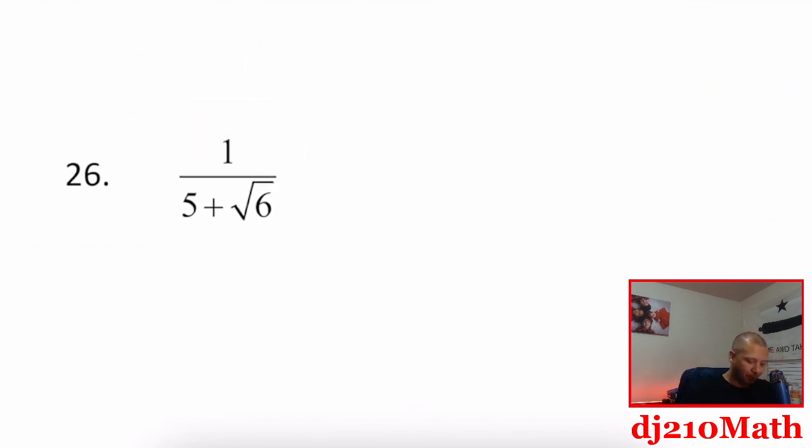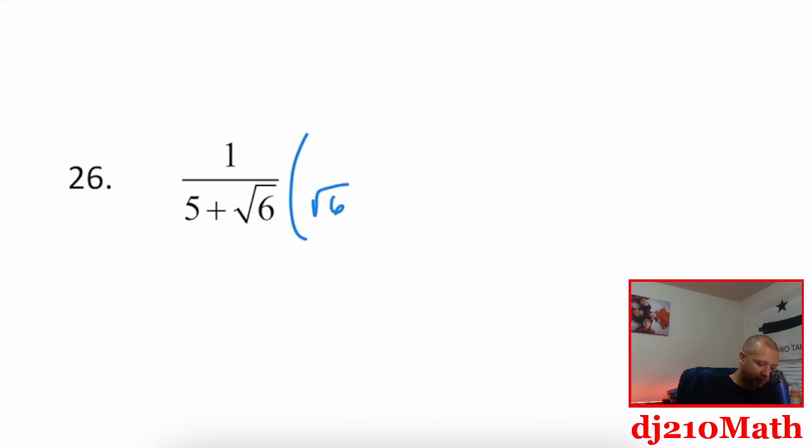So here, we have a square root in the denominator. This is bad. We've got to get rid of it. But I can't just multiply by root 6 like we did in the other examples. It doesn't work. So I've got to multiply by something. Well, I'm going to use the conjugate pair.